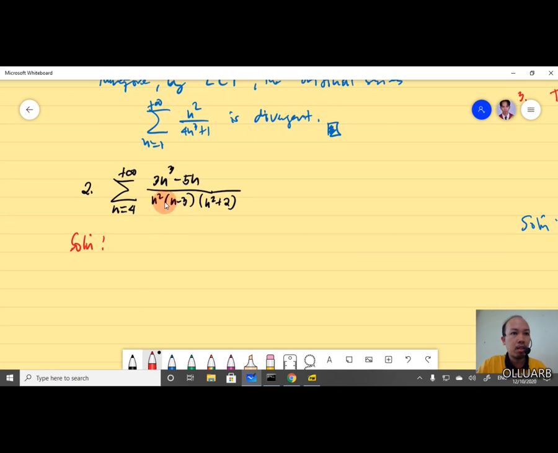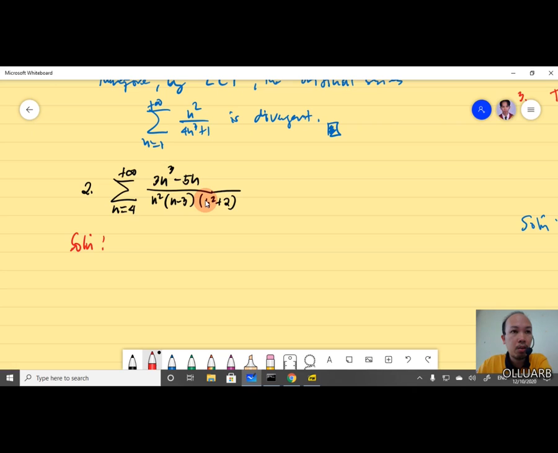It is because, as you can see in the denominator here, the denominator becomes 0 when n is equal to 0. Okay, when n is equal to 1, it's okay. When n is equal to 2, it's okay. But when n is equal to 3, we have 0 again. So meaning to say, if we start at n equal to 1 or 2, then when n is equal to 3 the denominator is 0, and we have an undefined.